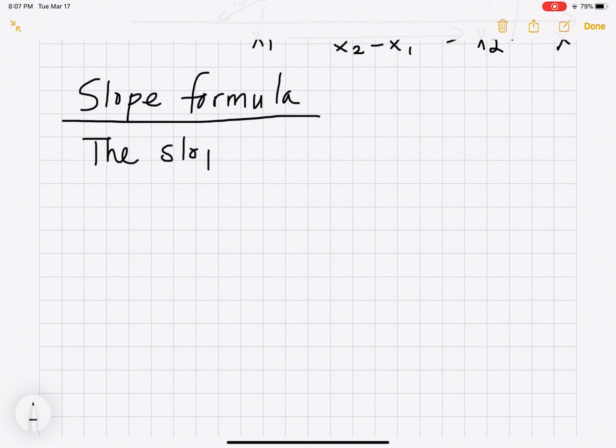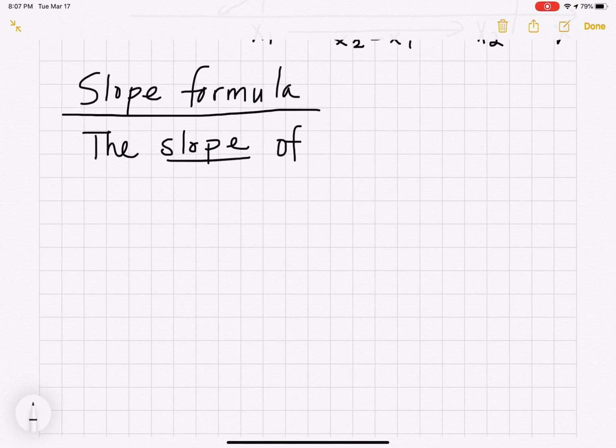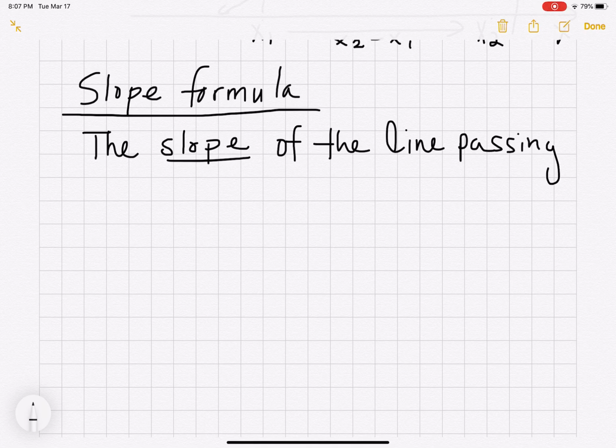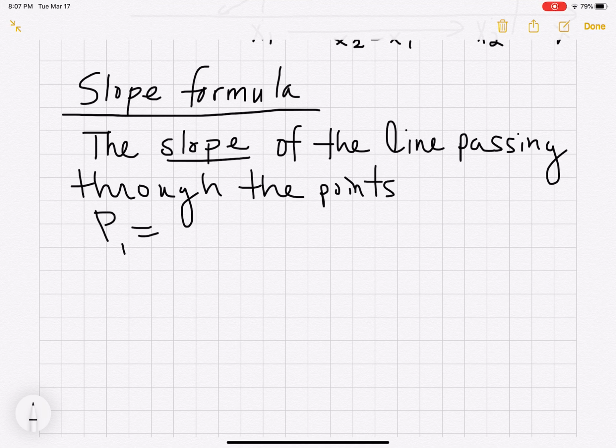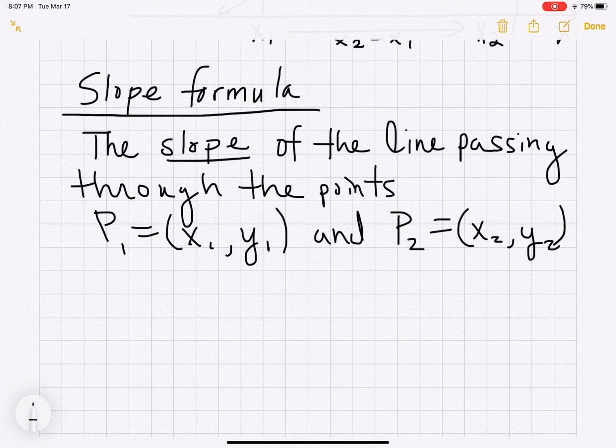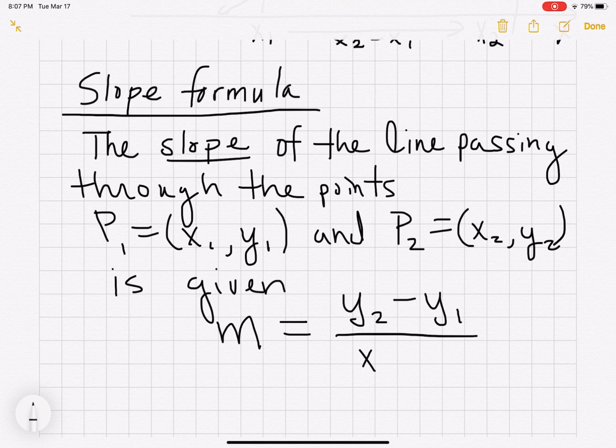The slope of the line passing through the points x1, y1 and x2, y2 is given by the following formula, or defined to be: m, the letter we use for slope, is y2 minus y1 divided by x2 minus x1.